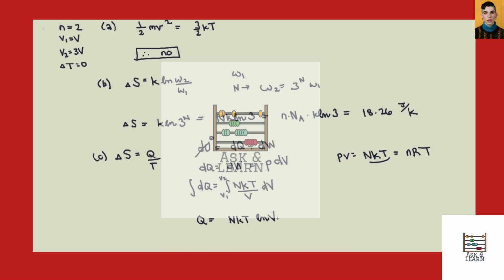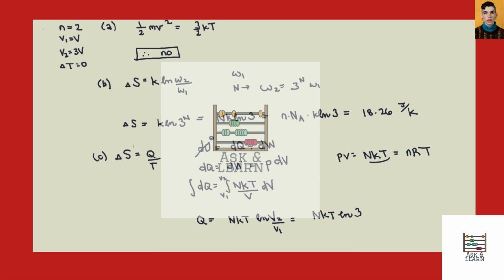So this is actually going to be ln of V2 over V1. And this is equivalent to NkT ln of 3.